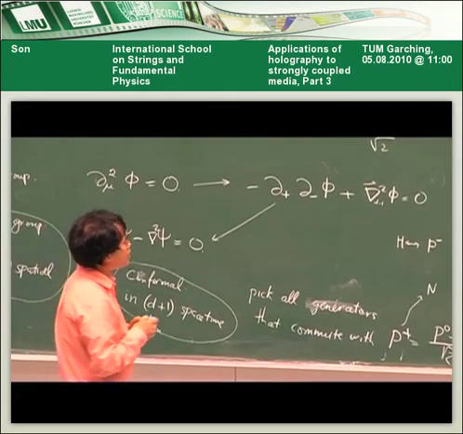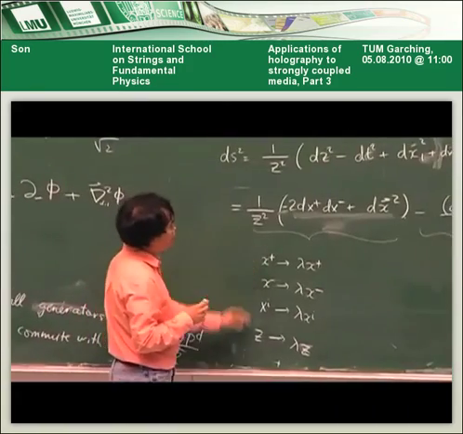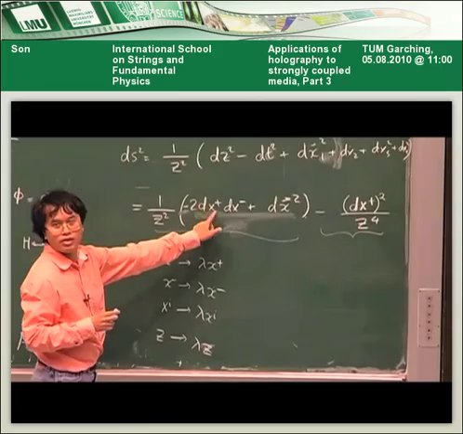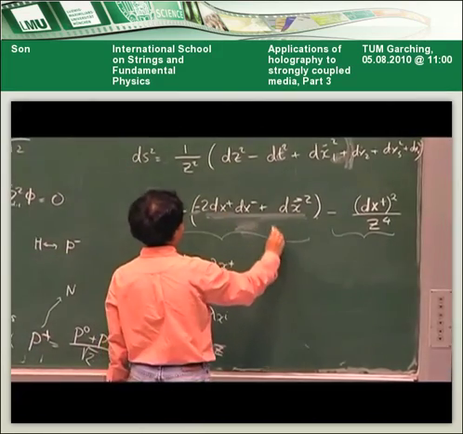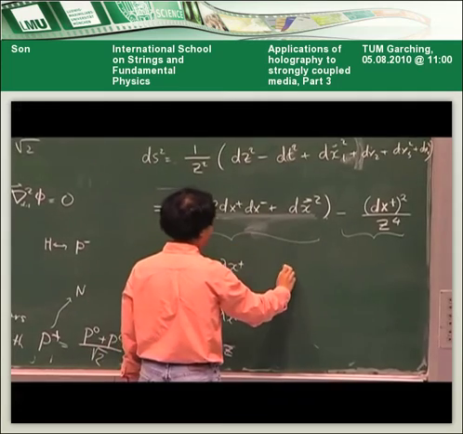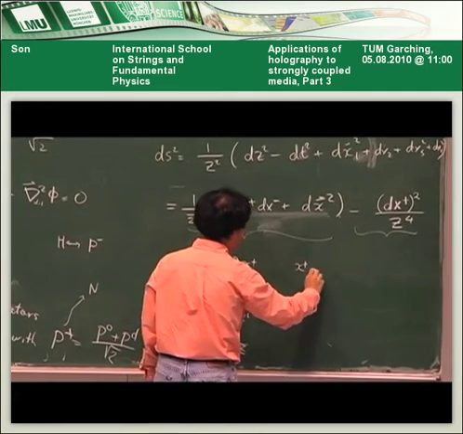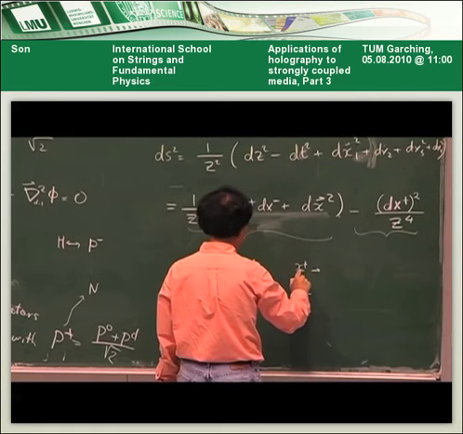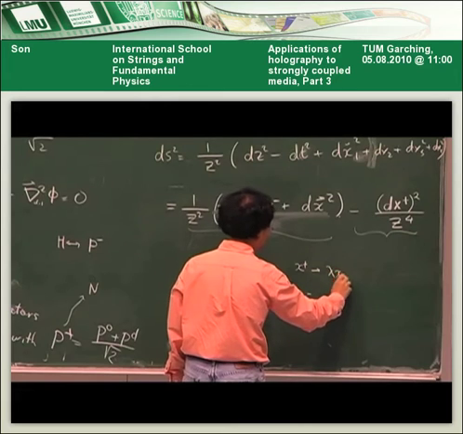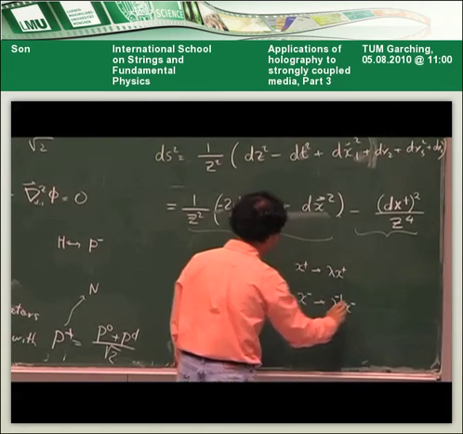What is left is a combination of this transformation and the boost along the x plus, x minus direction. As you recall, the first term here is also invariant under the boost. Boost means that x plus goes to lambda x plus and x minus goes to lambda minus 1 x minus.